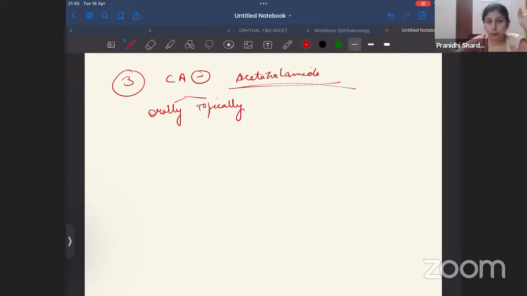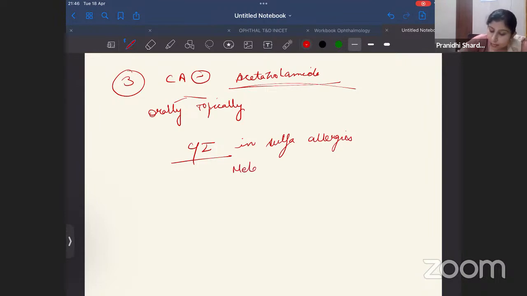Again, a previous year question: they are contraindicated in sulfa allergies. They are also associated with metabolic acidosis.